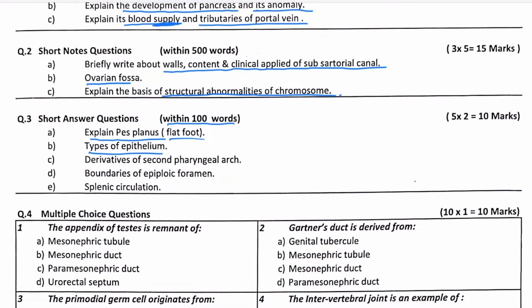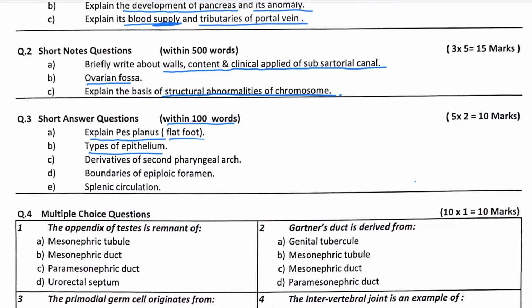Then according to its use and functions, they're of different types: simple and compound. Simple means when there is a single layer of cells overlying a basement membrane and all the cells are touching the basement membrane, then such an epithelium is called a simple epithelium.